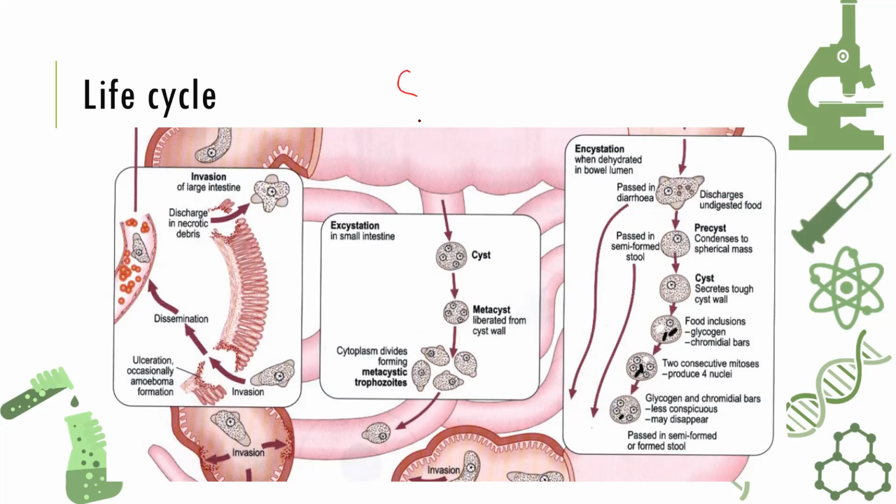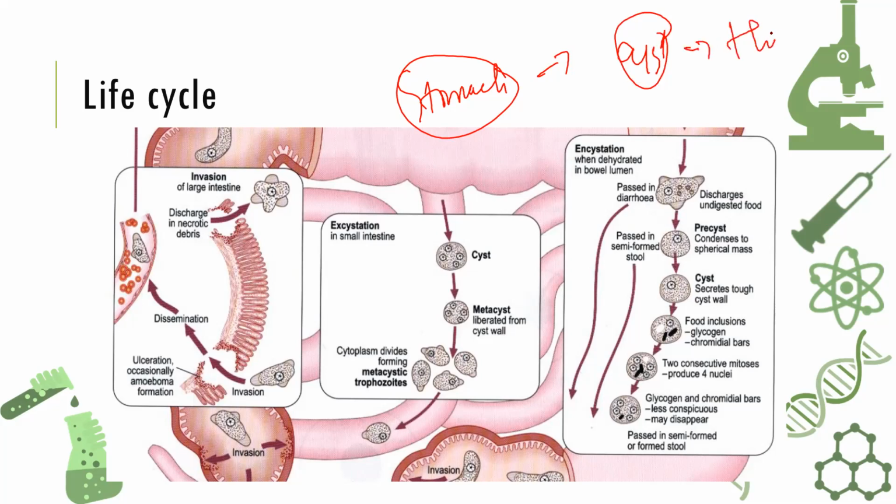From stomach, remember, ano yung nandito? Cyst. Yung cyst mo, meron siyang thick protective cell wall that allows them to survive in the gastric juice, in hydrochloric acid, which is an acid in our stomach. Okay. Now, the cyst will enter into our small intestine. And upon entry in the small intestine, our cyst will undergo what we call excystation, which is a morphological change from cyst to trophozoite.